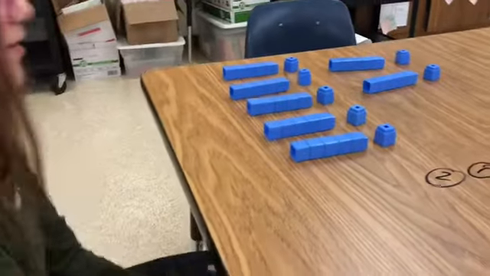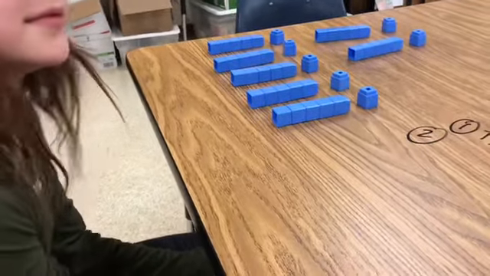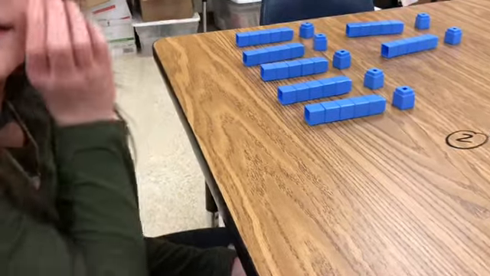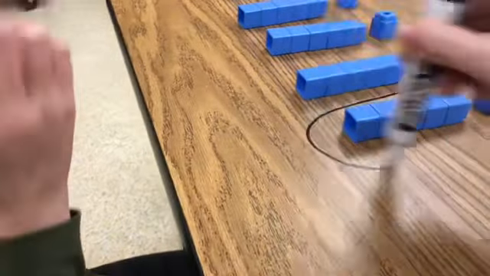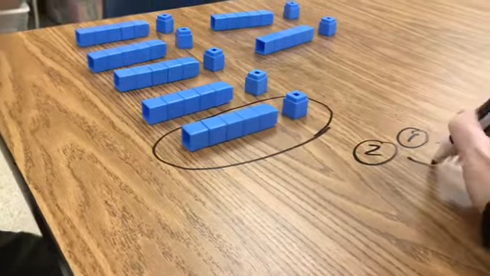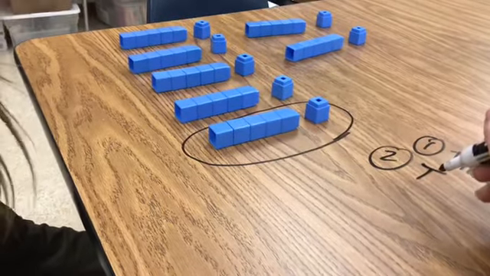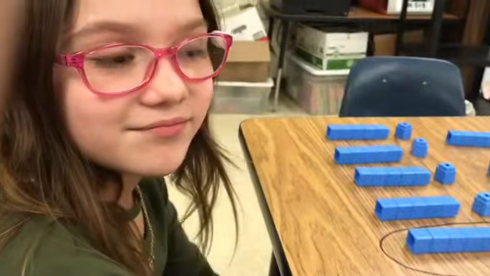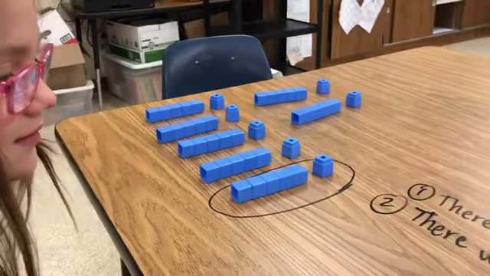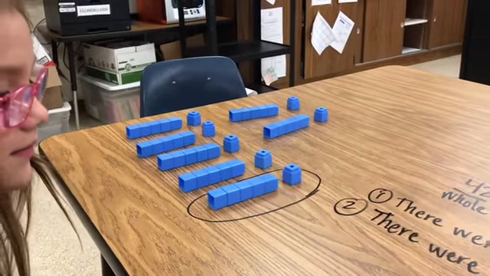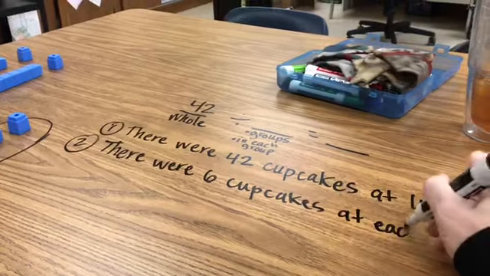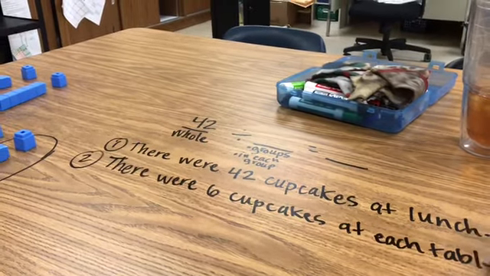Would this work too? Yes. Okay, so I could say there are 42 cupcakes at lunch. Each table had 6 cupcakes. I could say there were 6 in each group, but at lunch my groups are like tables, right? So I'll say there were 6 cupcakes at each table.